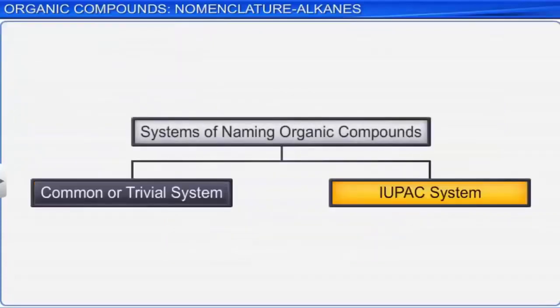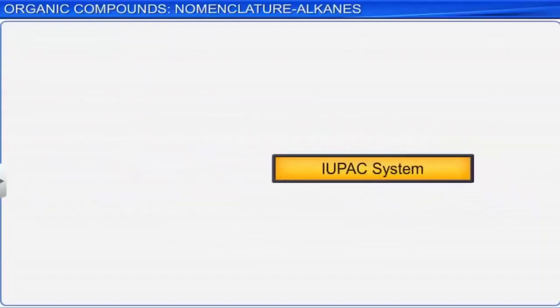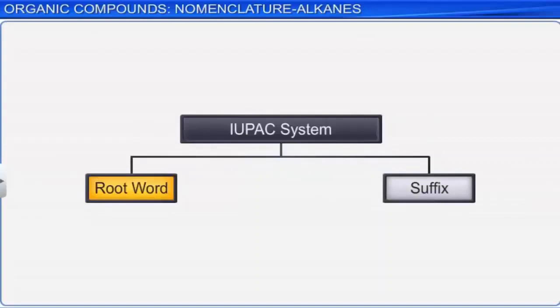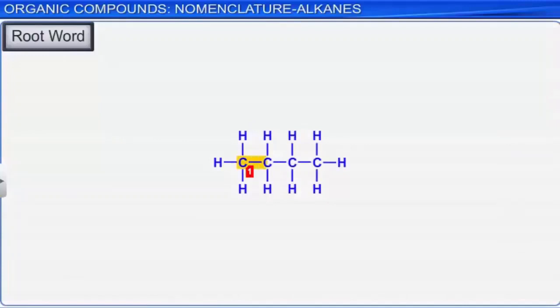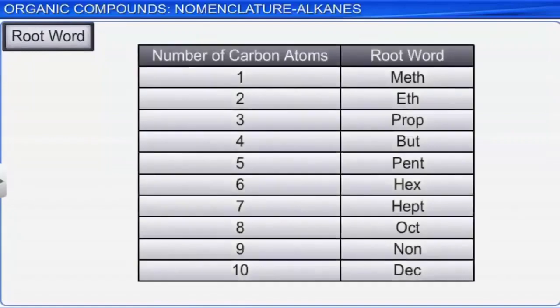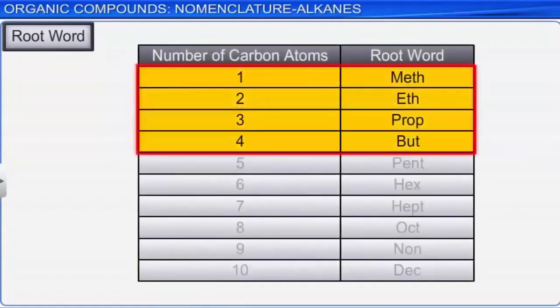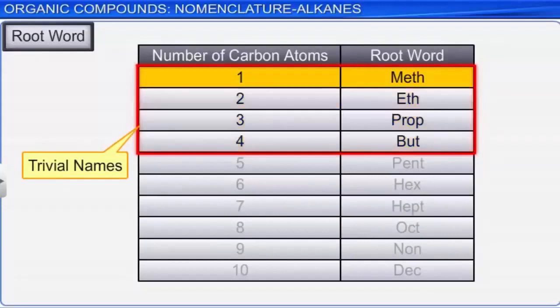The IUPAC name of an alkane basically consists of two parts: the root word and the suffix. A root word indicates the length of the continuous selected carbon chain. A chain which consists of up to 4 carbon atoms is assigned special root words from their trivial names. Thus, the root word for 1 carbon atom is meth, 2 carbon atoms is eth, 3 carbon atoms is prop, and 4 carbon atoms is but.